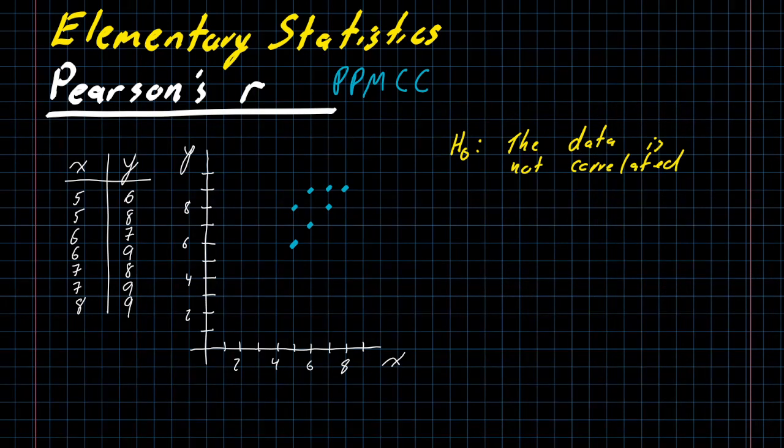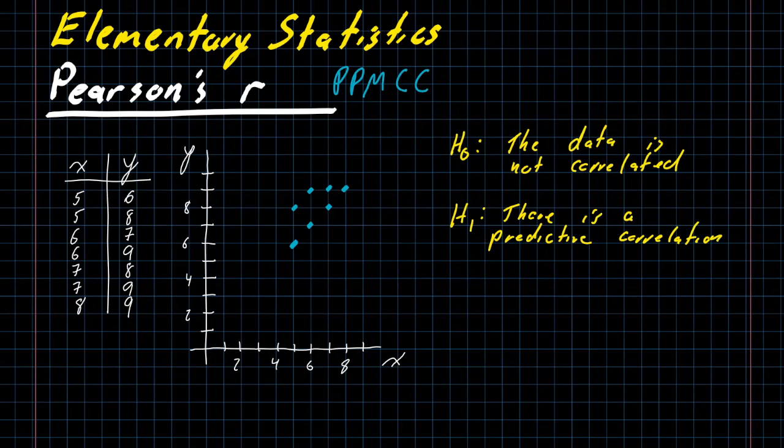The patterns that you see in the data are entirely due to chance and your wish that the data is correlated. And the alternative hypothesis is that there is a predictive correlation in this data.